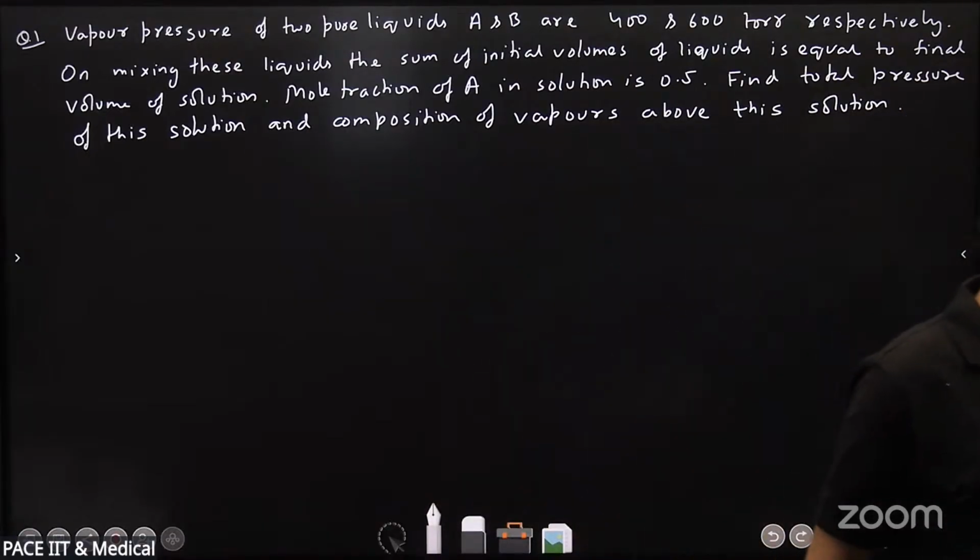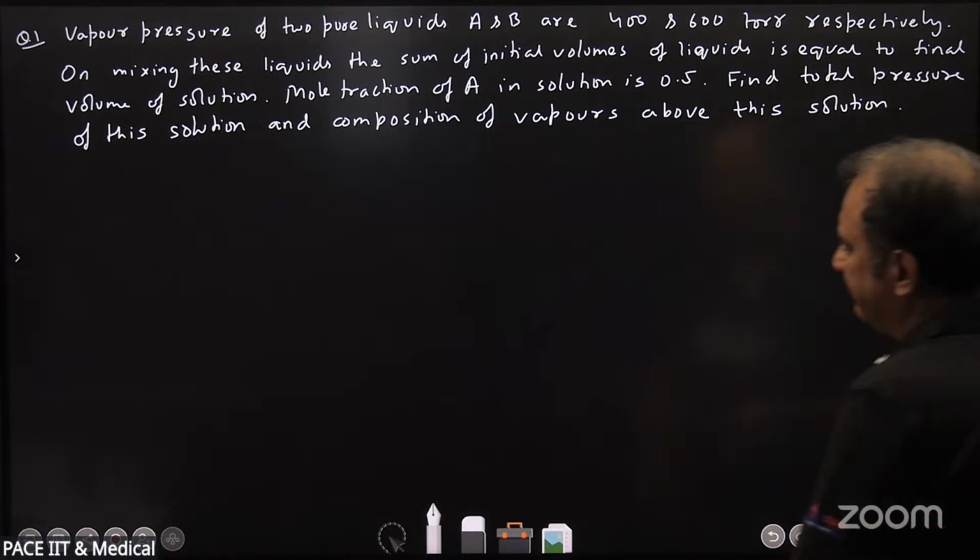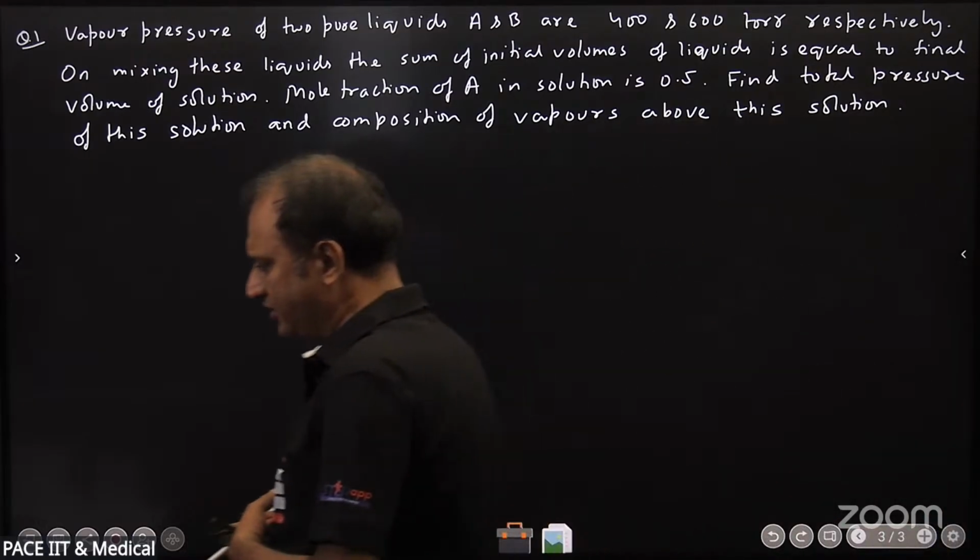So see, in all such problems, we have to just analyze what is the initial data given, what we need to find, and apply the relevant expression or relevant formula. Okay.